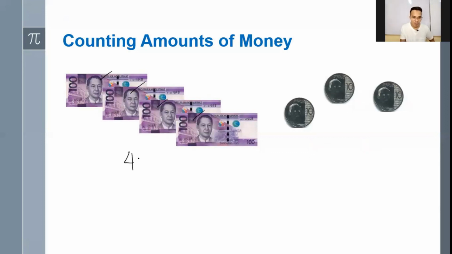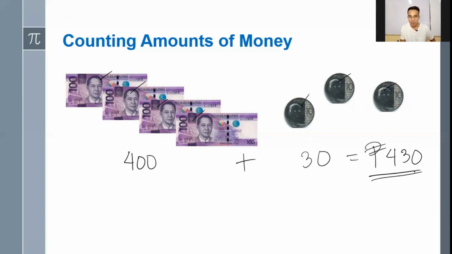So we write here 400 plus how much do we have here? 10, 20, 30. So that is 30. 430. Okay? So this is the amount of all of these bills and coins.